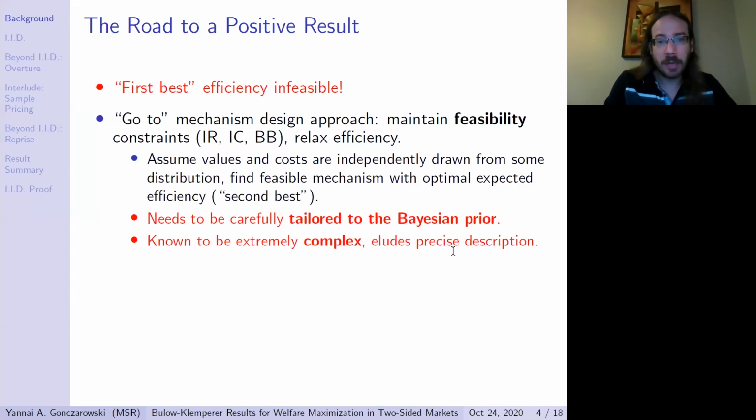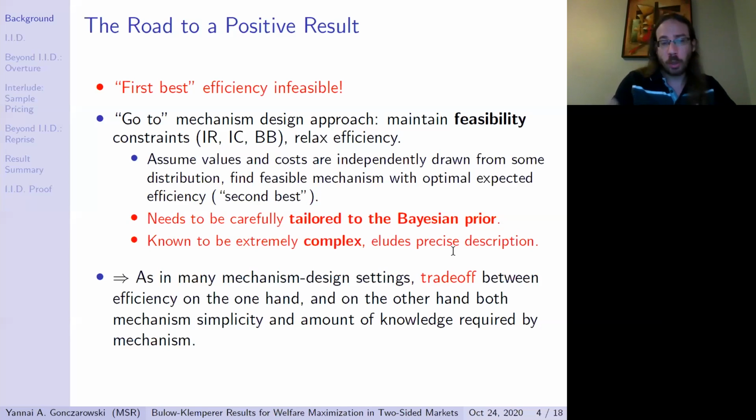The downside of this is that we know that the second best mechanism needs to be carefully tailored to the Bayesian prior, and it's known to be extremely complex when we understand it, and actually eludes a precise description in the very general case for any distribution.